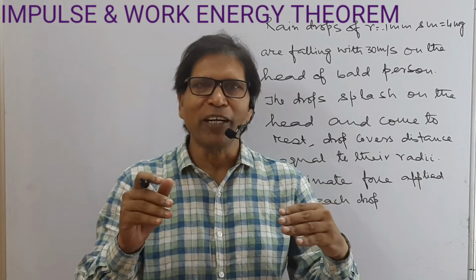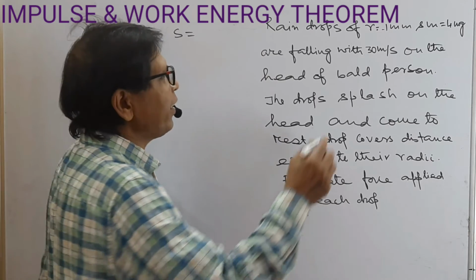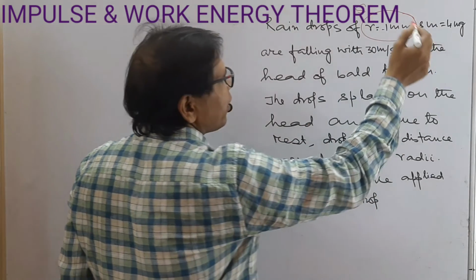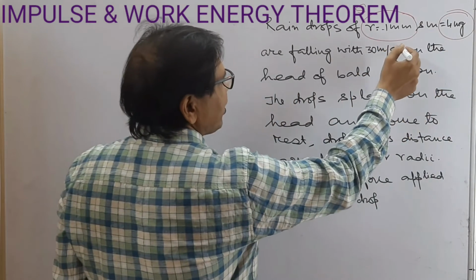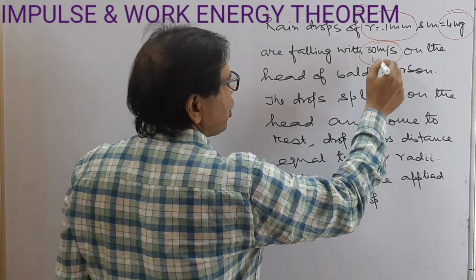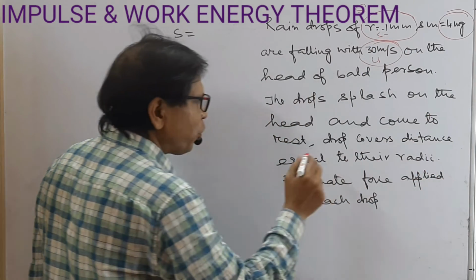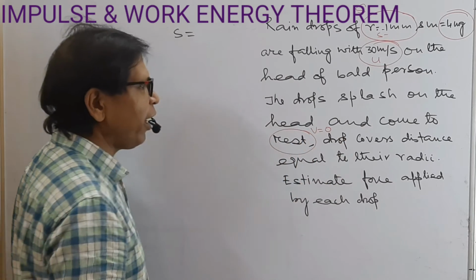Now we have to calculate the force exerted by each drop. Here the distance is S, the mass is M, and the initial velocity is U. Finally it comes to rest, so V equals 0.